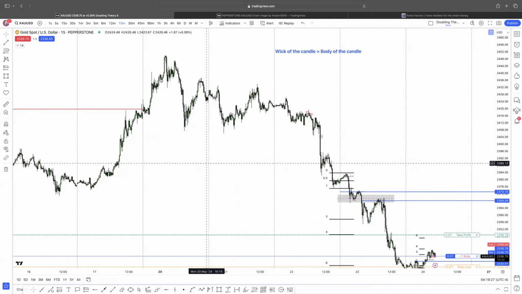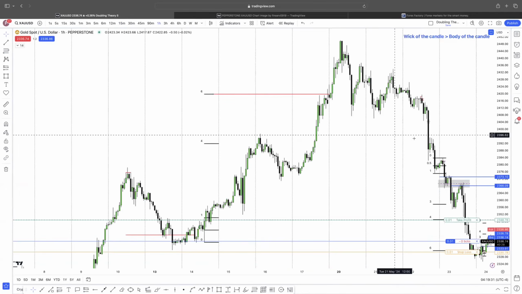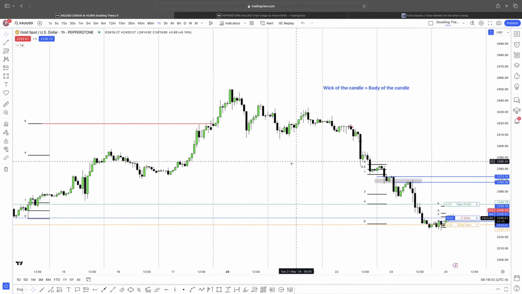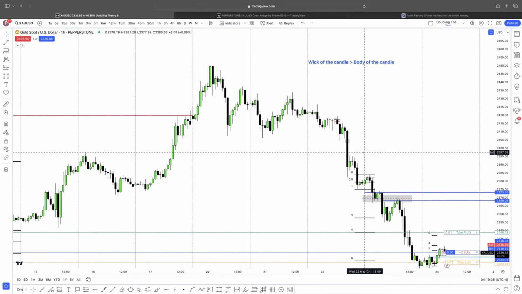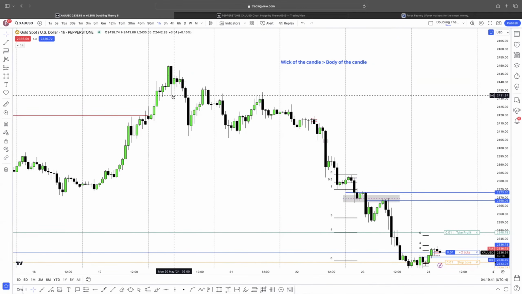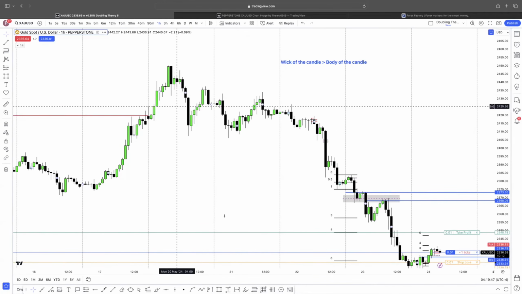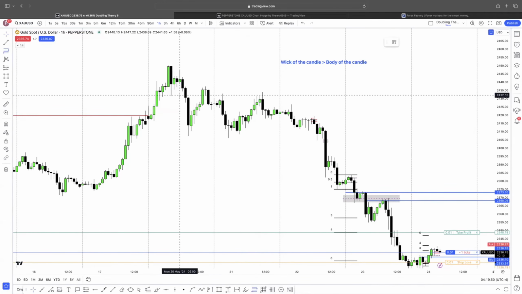What you'll do is go to the 1 hour chart, and on the 1 hour chart you're going to find structure that was used up. You can see that there is a lot. You can take this low, you can take this low, and you can do something like this.